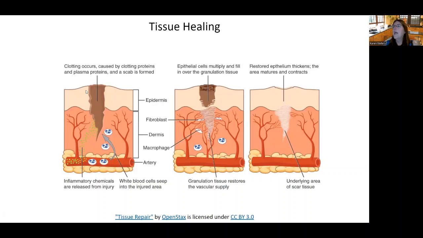So let's look at how these injuries are going to heal, right? So here's an injury that has breached the epidermis into the dermis. And what's actually going on here, right? This injury has released inflammatory chemicals or histamines.